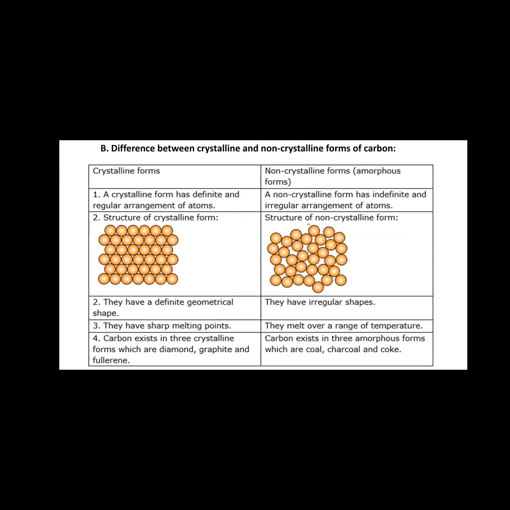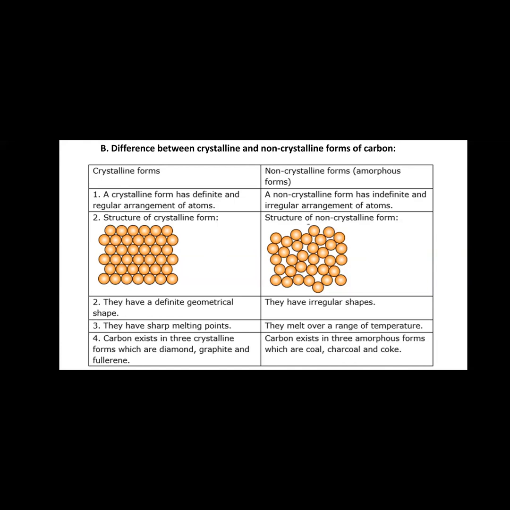But what happens in the non-crystalline form? A non-crystalline form has an indefinite and irregular arrangement of atoms. In the figure below, we can clearly see that in the crystalline form the arrangement of atoms is regular. Therefore, the crystalline form has a definite shape.